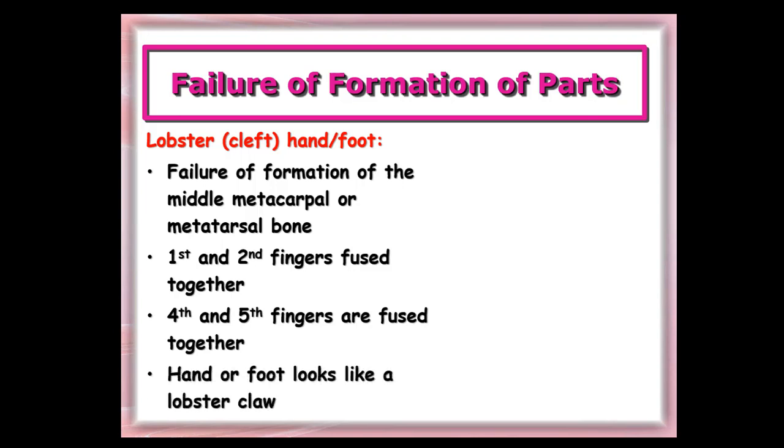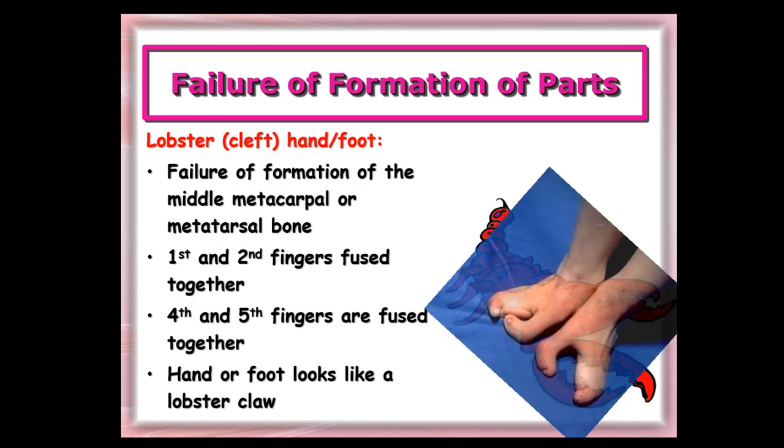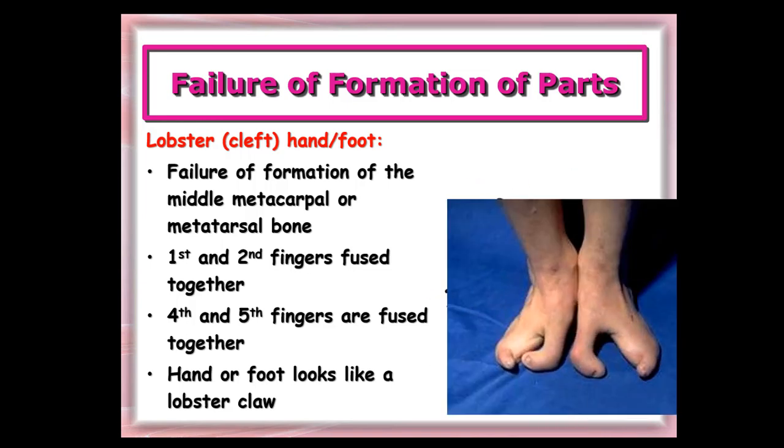So you end up with a hand or foot which looks like a lobster claw, like this. So this is a lobster foot. There is lack of development of the third metatarsal bone, fusion between the first and second toes, and fusion between the fourth and fifth toes, and this cleft in the middle gives the foot the shape of a lobster claw.